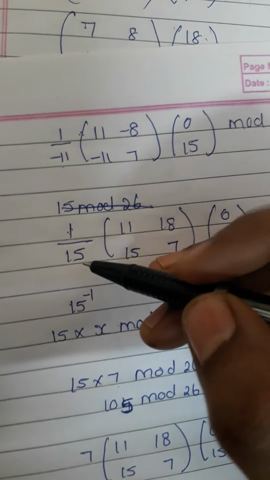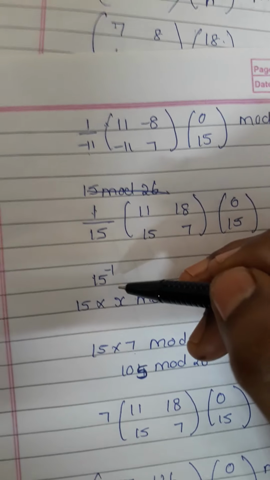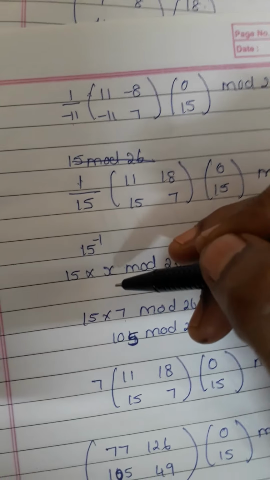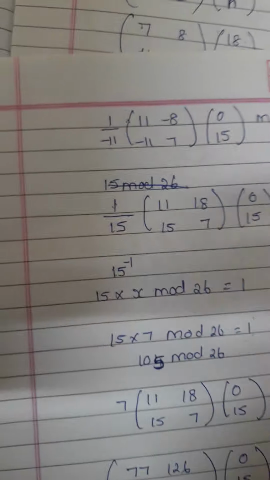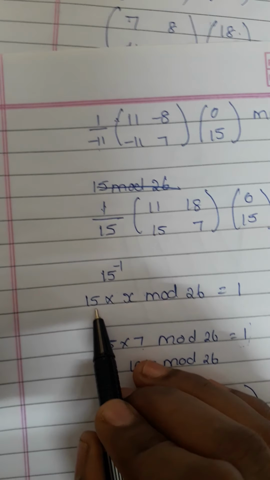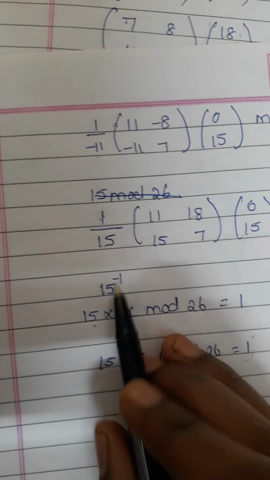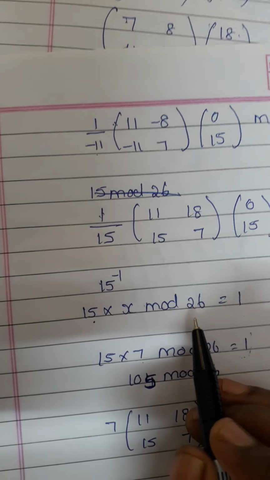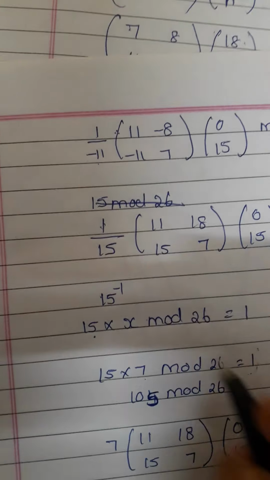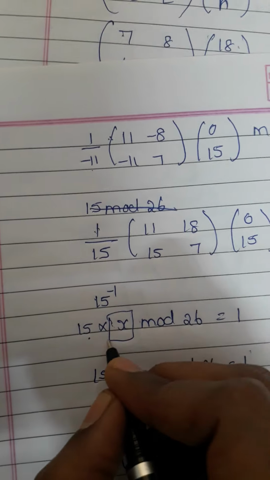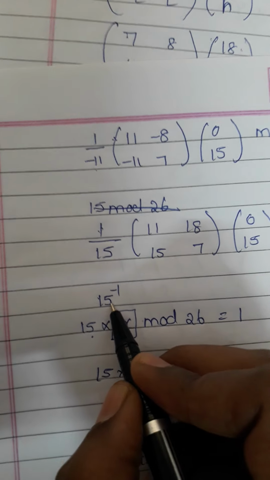So it is nothing but 15 inverse. You need to find the value for 15 inverse. For finding it, there is a formula: 15 into x mod 26 equal to 1. You need to find the x value. If you find the x value, that is the value for the 15 inverse.